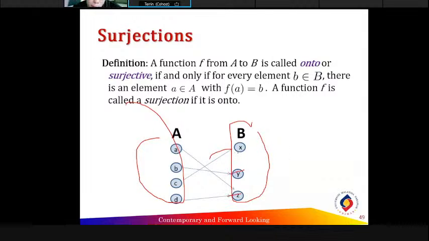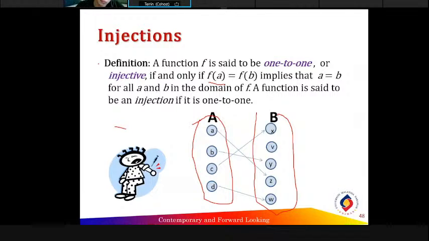Now in this case, you notice that it can have that many-to-one relationship. It doesn't need to be injective.